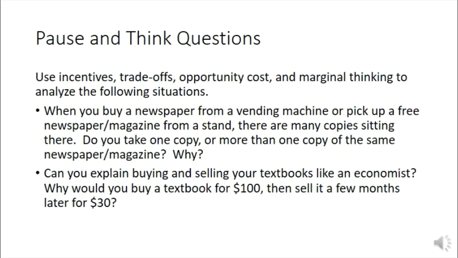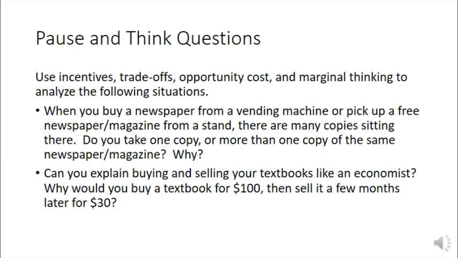So let's close out this lecture with another pause and think question. Use these economic foundations we've been talking about, incentives, trade-offs, opportunity cost, and marginal thinking, to analyze the following situations. First off, when you buy a newspaper from a vending machine or pick up a free newspaper from a stand, you note that there's a lot of different copies sitting there.